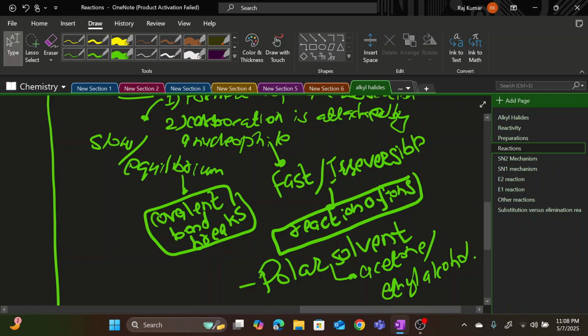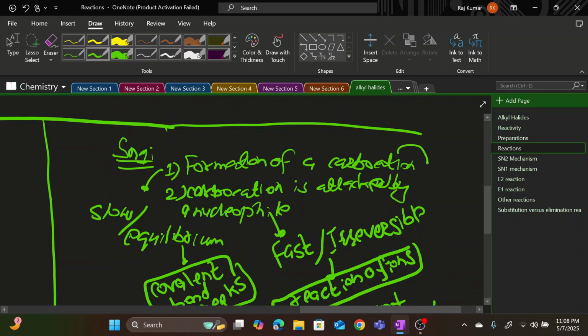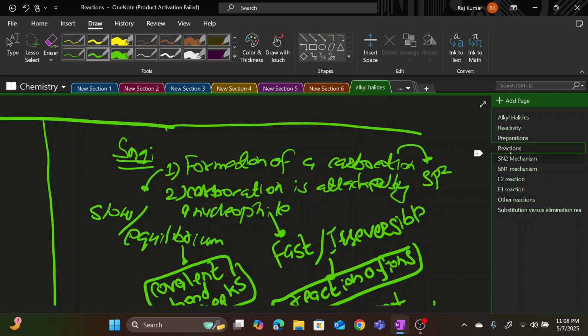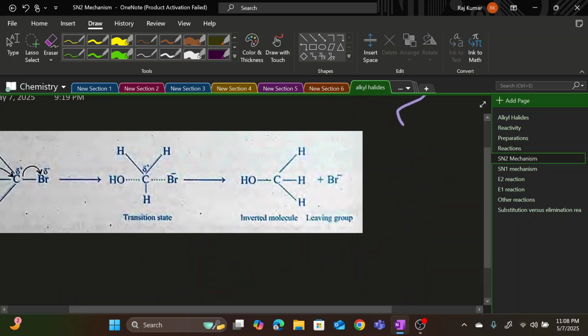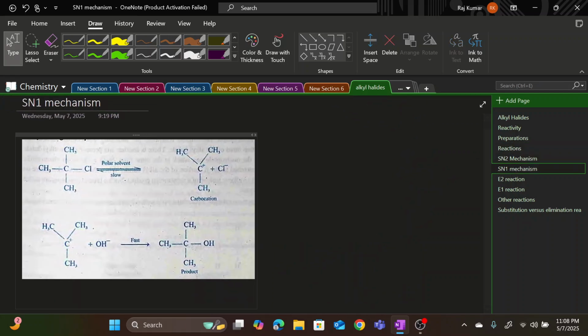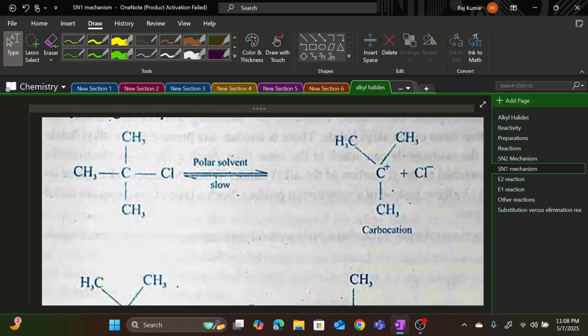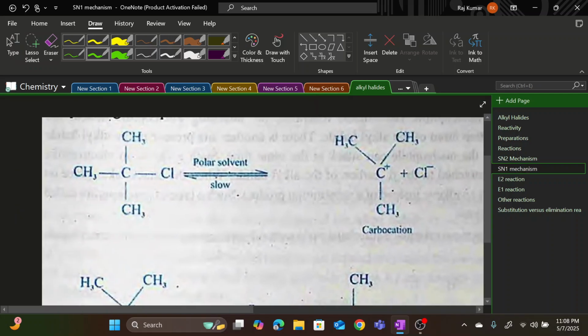And another important point about this is that here carbocations are sp2 hybridized. What actually happens is, if you just see this diagram at the first stage, this is an alkyl halide, a tertiary alkyl halide. The chlorine atom leaves the alkyl group, and that forms a carbocation and chloride.